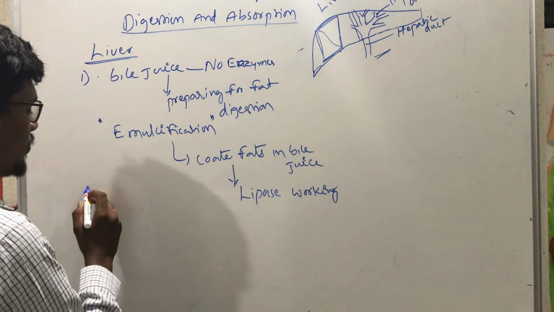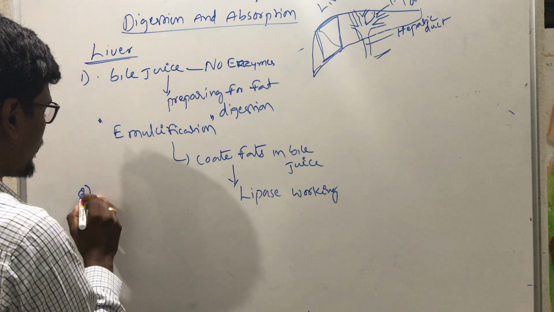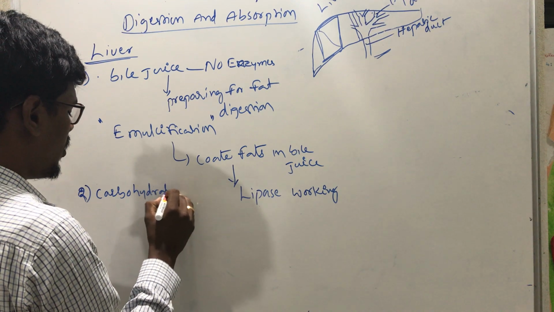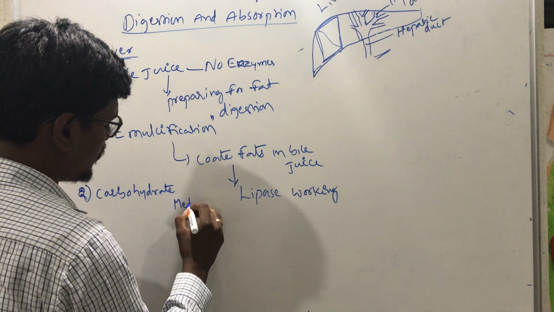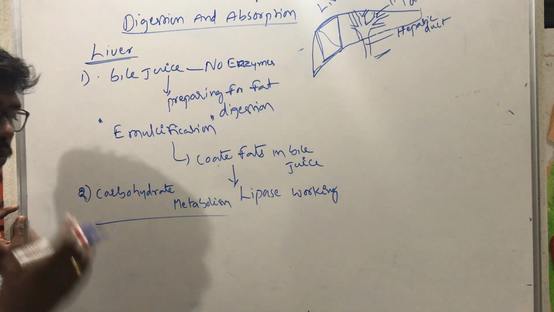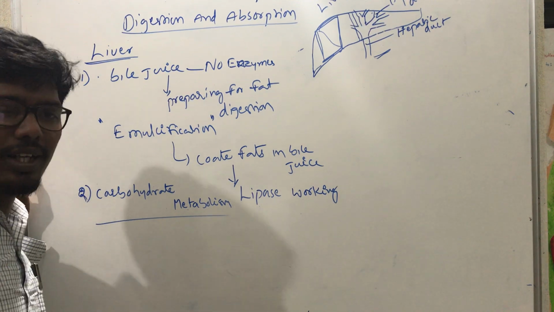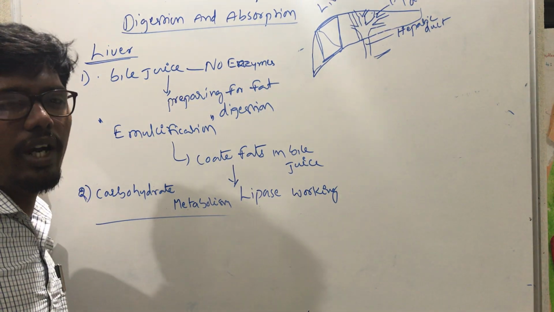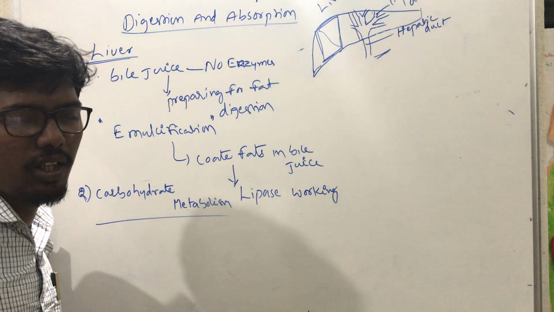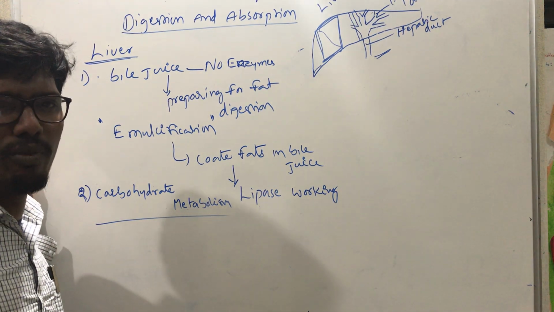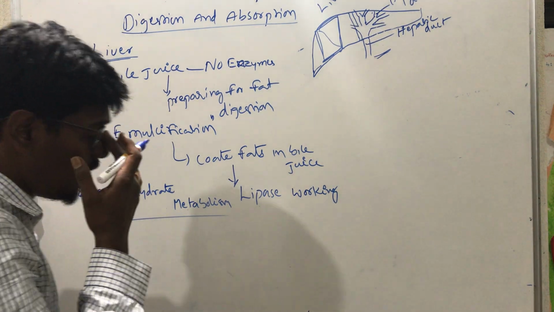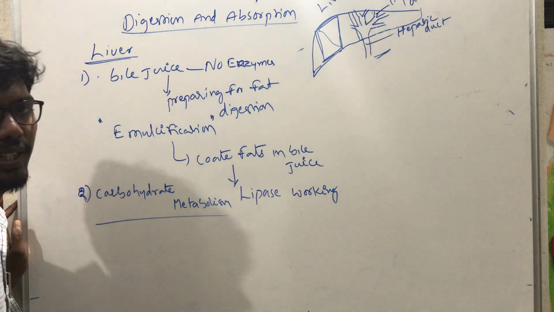Carbohydrate metabolism. The end product of carbohydrate is called glucose. Glucose normally comes from carbohydrates. Carbohydrate metabolism involves three things.